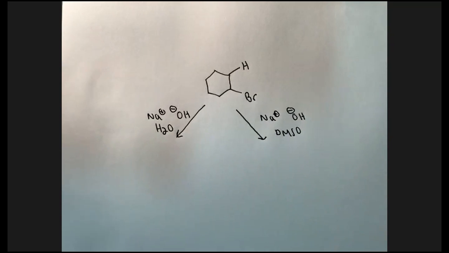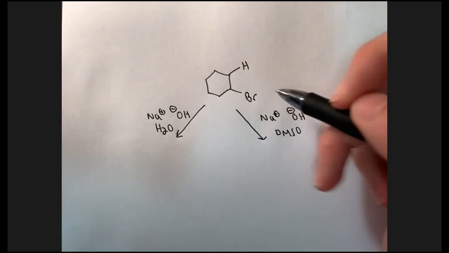I know you guys don't know all the details yet, but notice I have the same reagent, sodium hydroxide, and the same starting material for both. However, I have two different solvents, water or DMSO, and we'll talk more about that. Under one pathway I get one product, and under the other pathway I get another product. That's weird considering I have the same main reagent and same starting material.